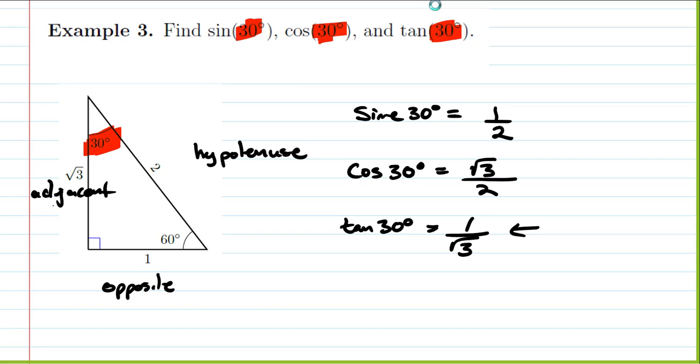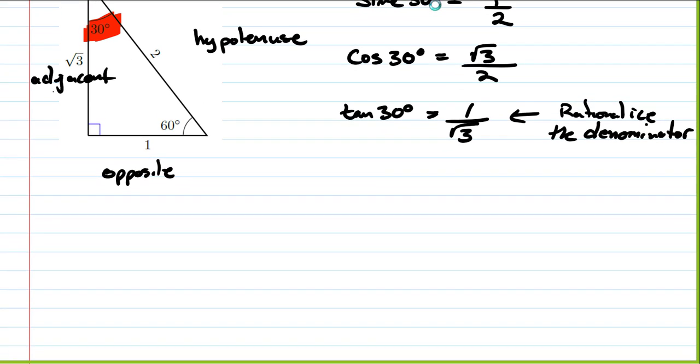But then here we have a little bit of a problem. We must rationalize the denominator. So we build our fraction by multiplying the top and the bottom by the square root of 3. And that gives us root 3 over 3. So then our tangent 30 degrees is the square root of 3 over 3.